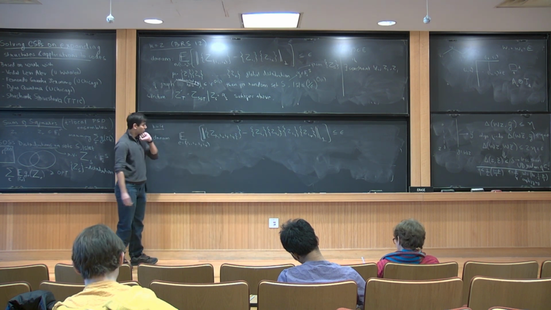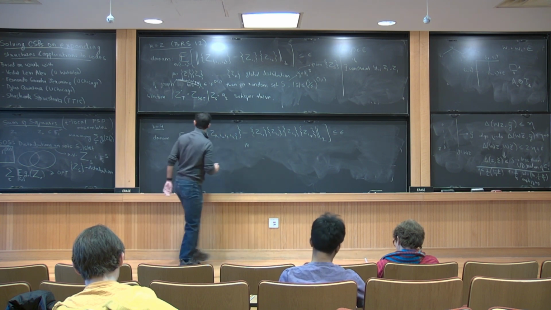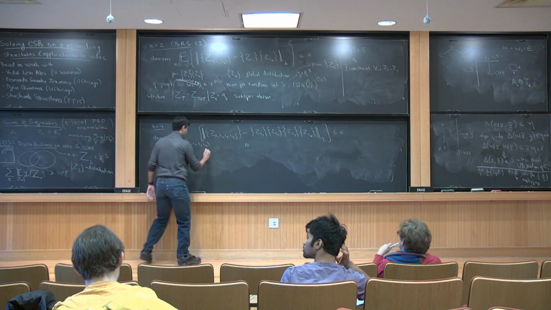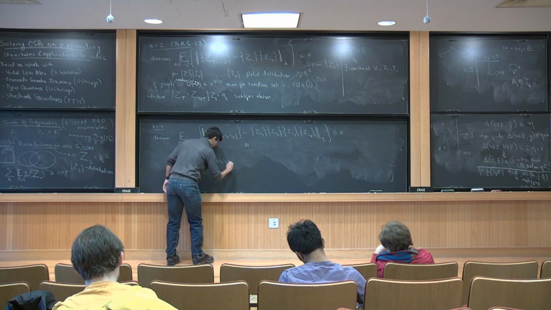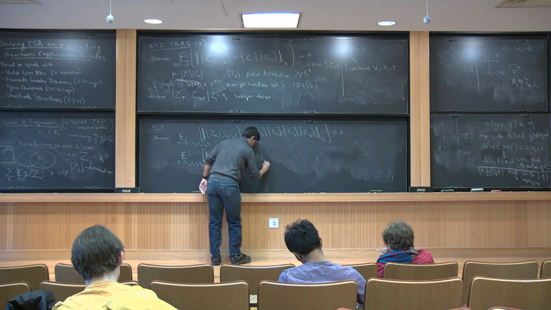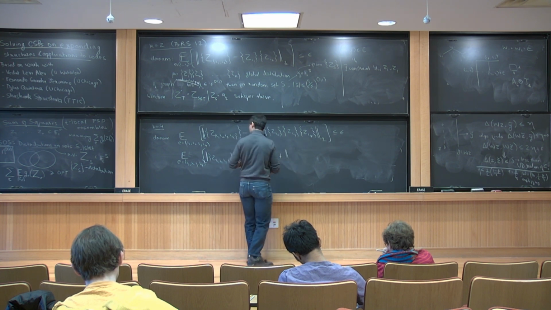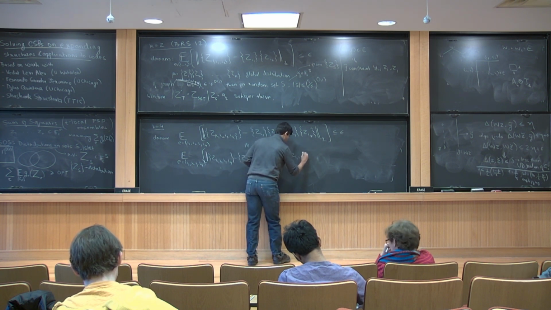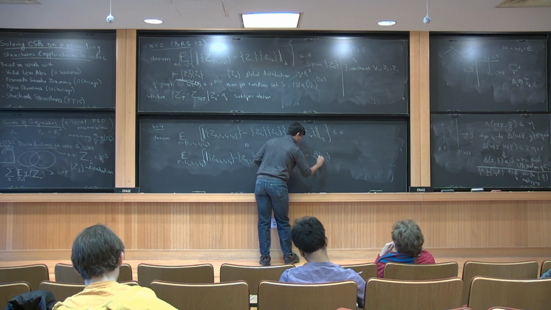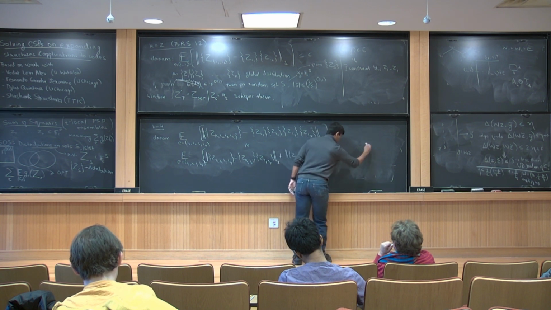I'll just use the triangle inequality, which is saying that this expression is less than or equal to another term with 3 and 4.